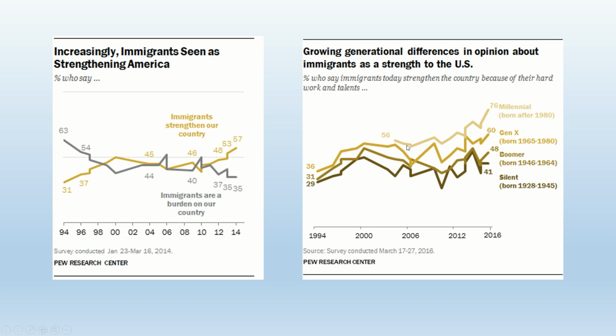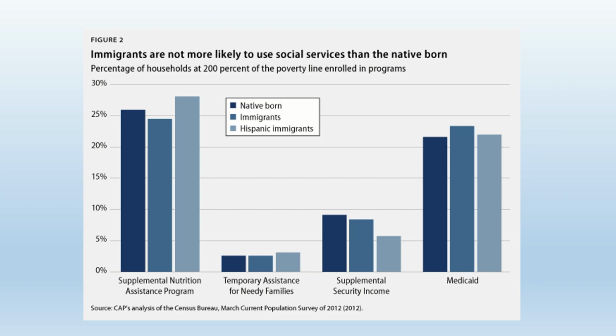If you look at young people in particular, the younger a population, the more positive they tend to be about immigrants. So you can see here that millennials are far, far more positive about them than earlier generations. Immigrants are not more likely to use social services than native-born people, despite the concerns about that.